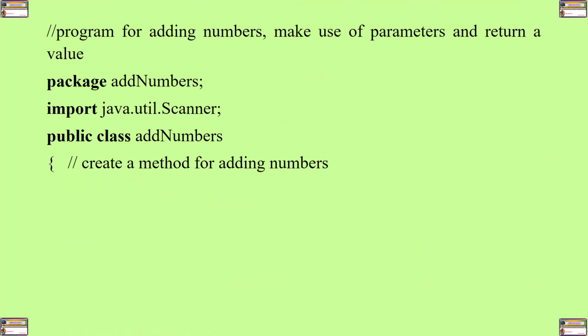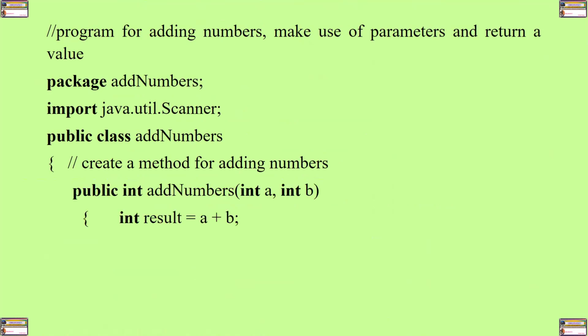So it will invoke this class and then look for the method called addNumbers and bring in place the two values which have been passed. So num1 and num2 will come as A and B. Whatever value is in num1, whatever value is in num2, we will put here as parameter A and parameter B. The values passed as num1 and num2 received as A and B will be added together, and the value is stored in a variable called result.